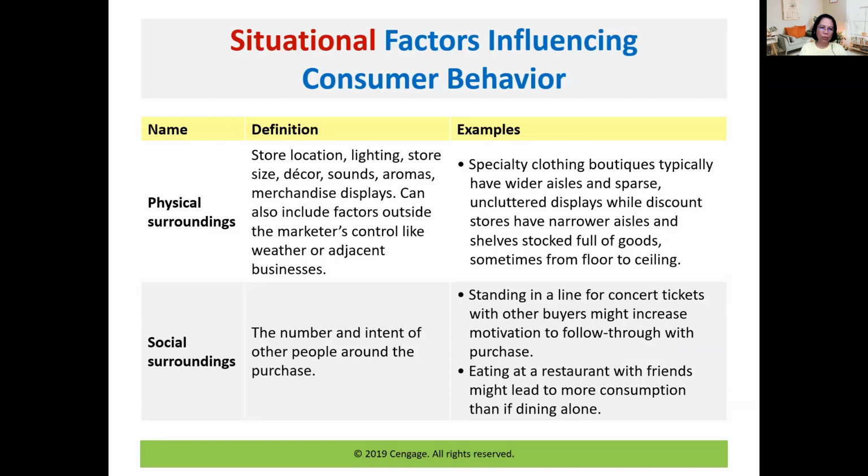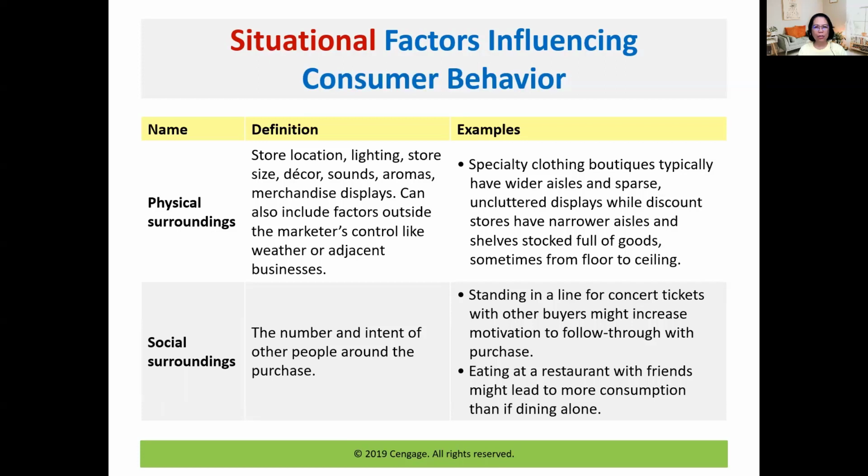This includes the store location, lighting, store size, the decor, the sounds, the aromas, especially, for example, in a cafe, or the merchandise displays. This can also include factors outside the marketer's control, like the weather or the adjacent businesses, which are mostly the competitors.